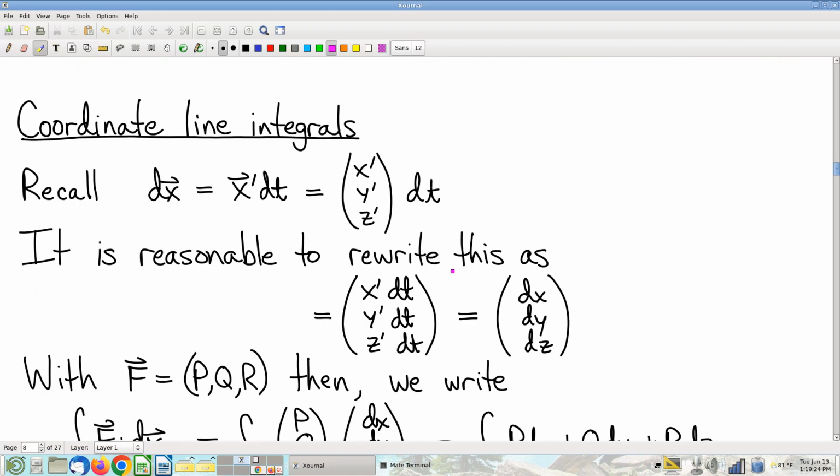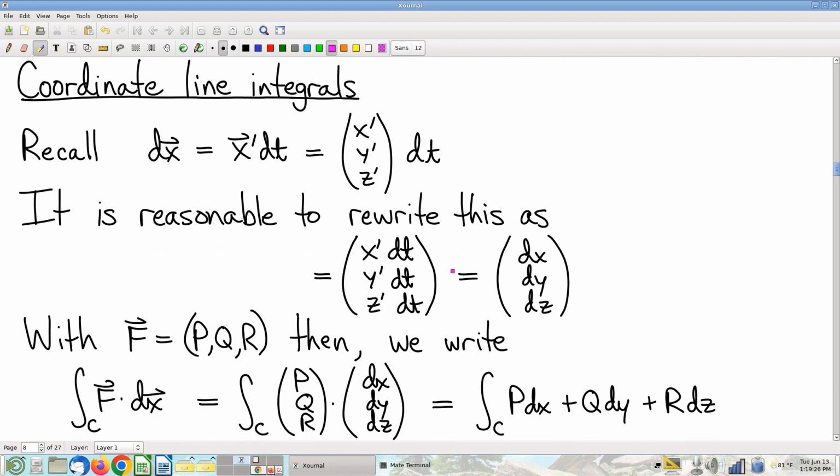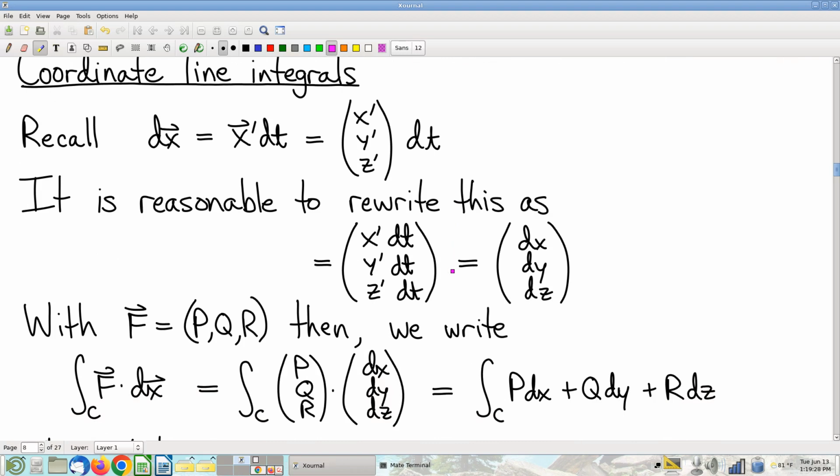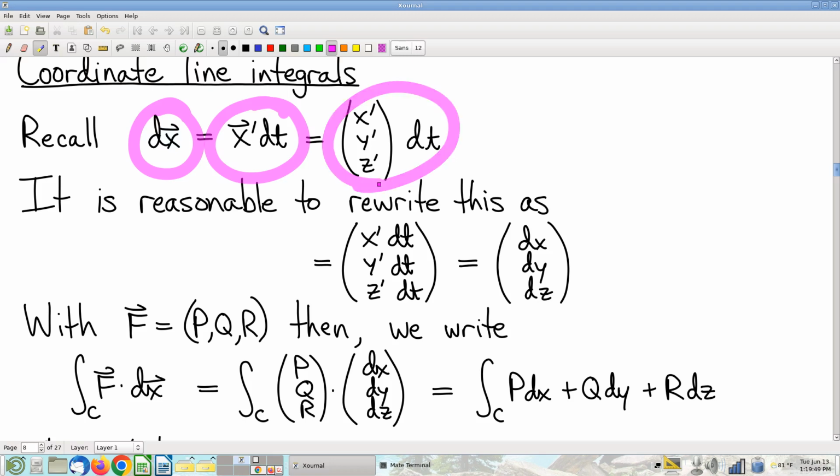Okay, this next thing is a notational point. This is not something I want to get too upset about, but it is in the book, and sadly it is also out in the real world, so you have to be aware of this. The observation is that when we write down our dx vector, which we've previously written like this, you could flesh that out in coordinates. There's the coordinates of your x prime multiplied by dt.